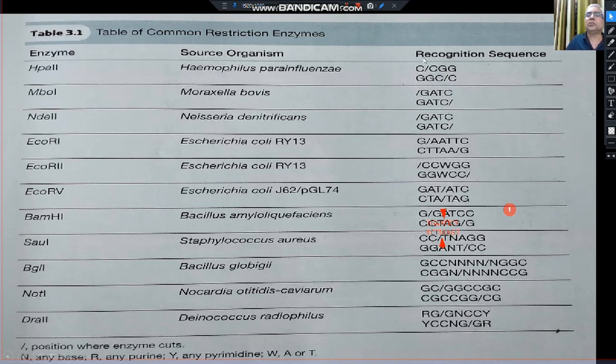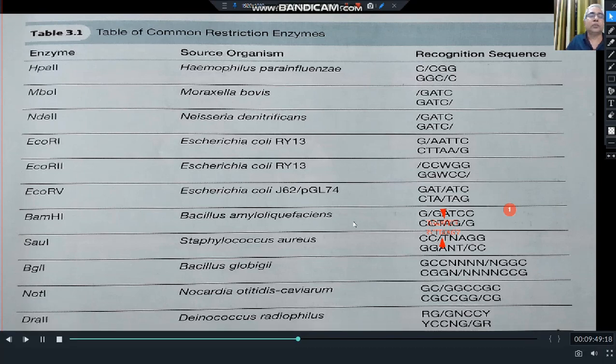The recognition sequence is composed of this G, C, G, G. Similarly, there is EcoRI that has been detected in Escherichia coli RY13. EcoRII means second enzyme which has been separated out from Escherichia coli from the same strain RY13. BamHI from Bacillus amyloliquefaciens.